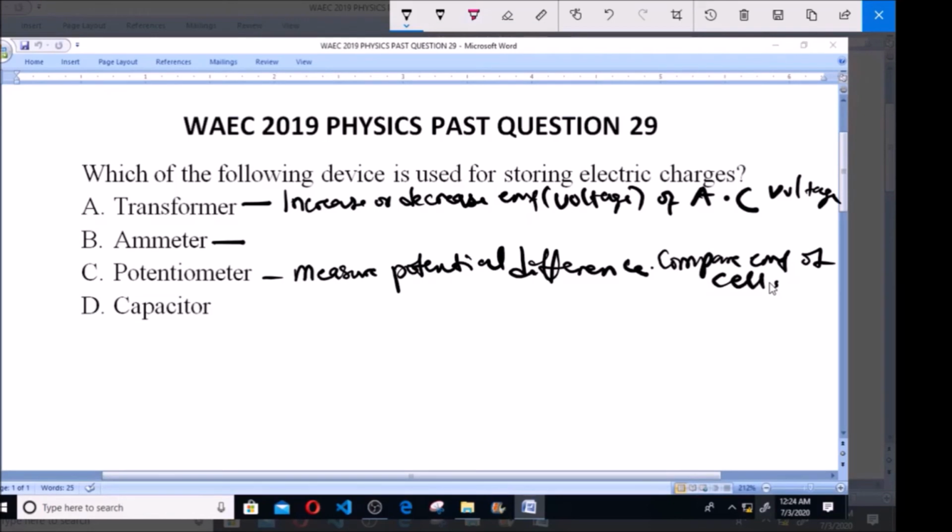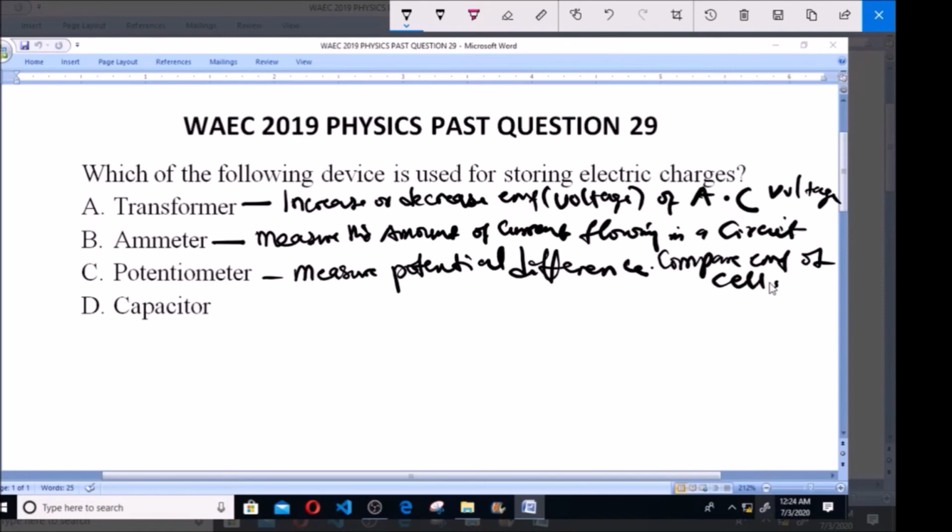Now, an ammeter is a device used to measure the amount of current flowing in a circuit. So you use an ammeter to measure the amount of current flowing in a circuit.